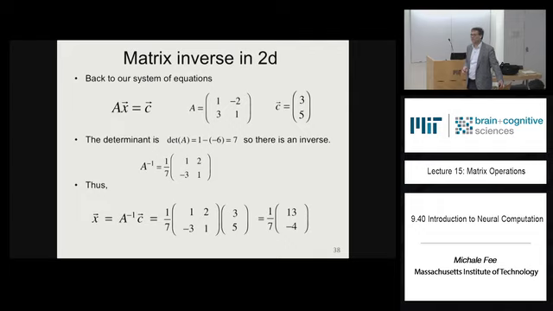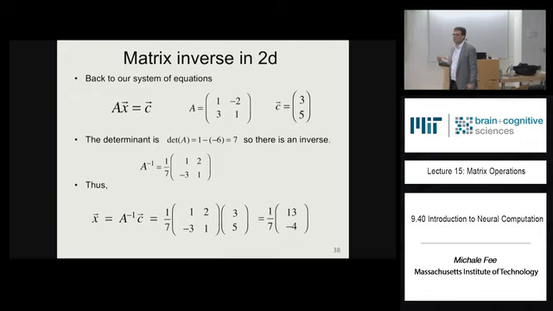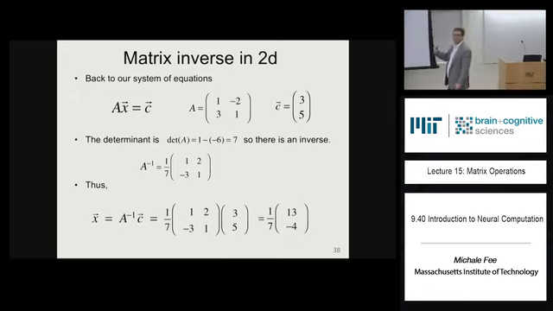Any questions about that? So this process of solving systems of equations and using matrices and their inverses to solve systems of equations is a very important concept that we're going to use over and over again. Okay?